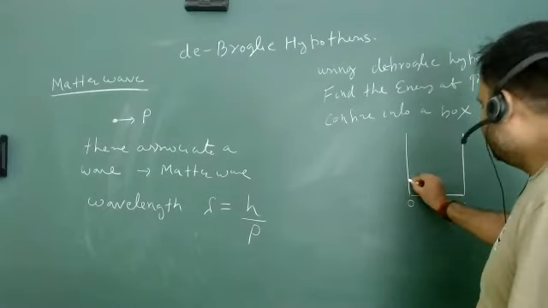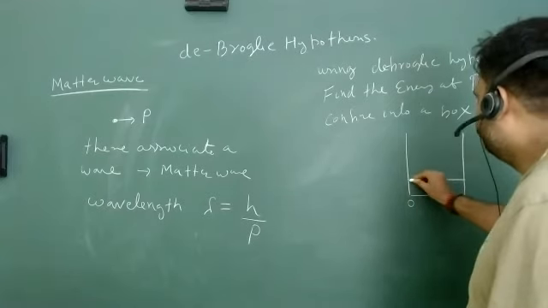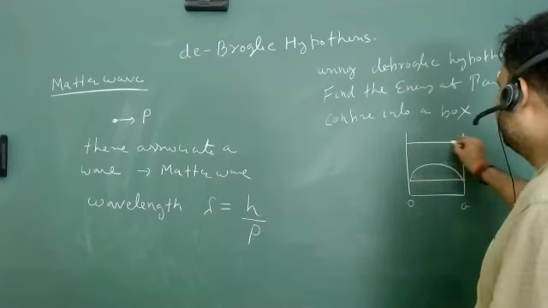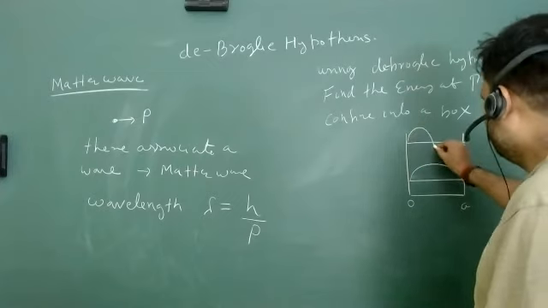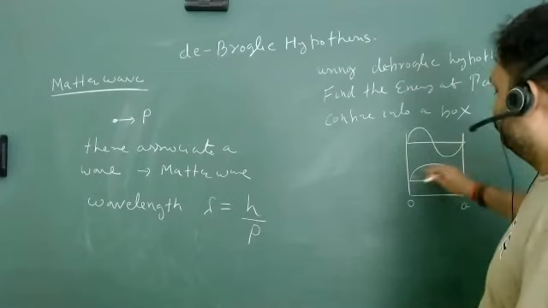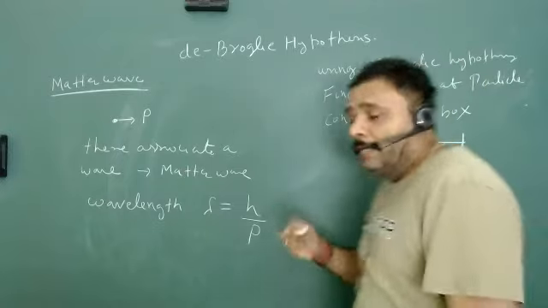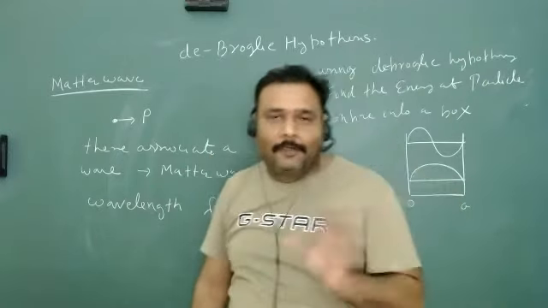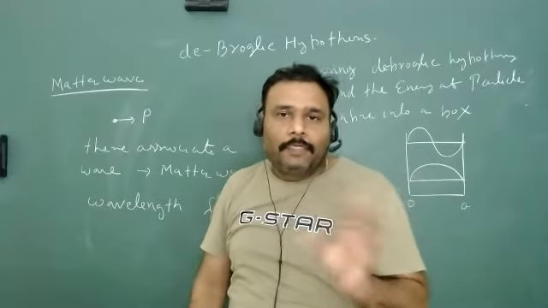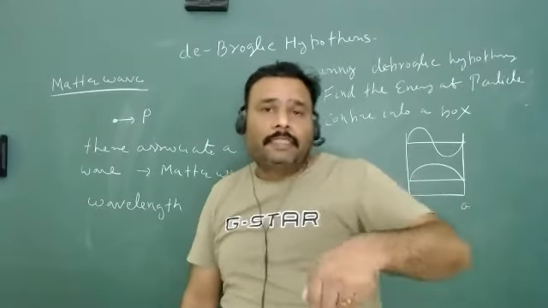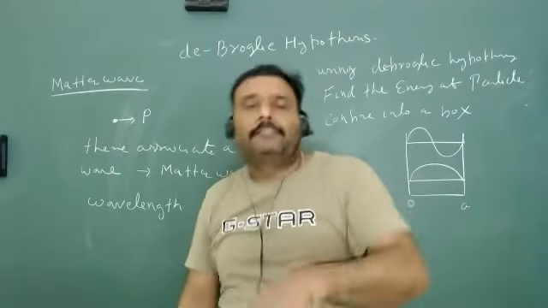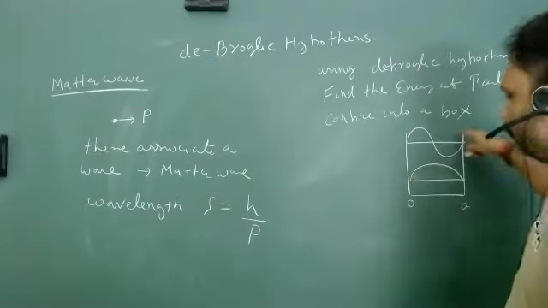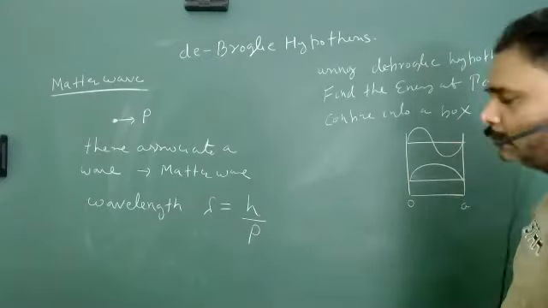So either it will have this fundamental mode, or it will have the first overtone mode, and so on. This is the wave associated with the particle, which is not visible to us. Don't worry, it is not visible to us, but we take the assumption that if it is associated with the particle, it has to follow this sort of fundamental mode, first overtone, and so on.